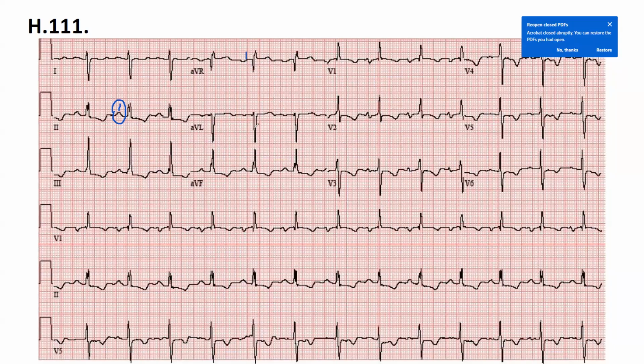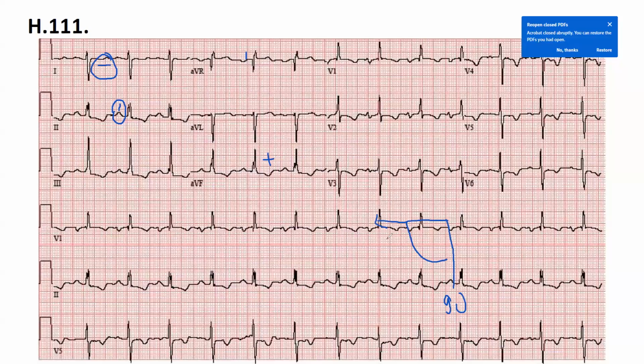Then axis. Well, lead 1 is negative and AVF is positive, which means it's between 90 to 180 degrees.